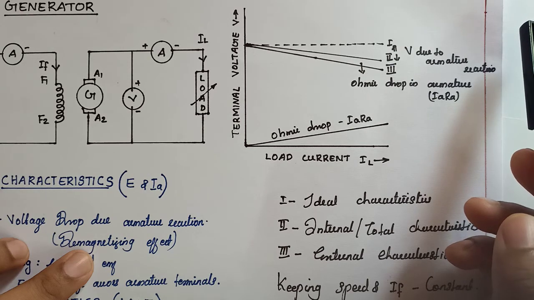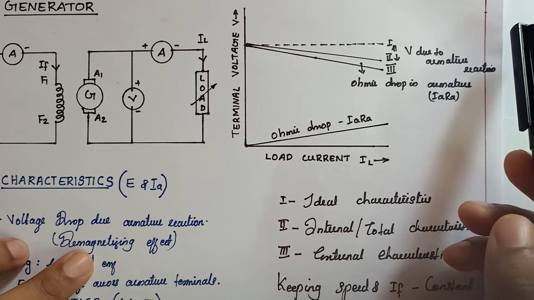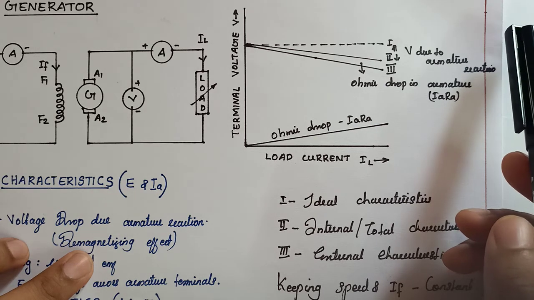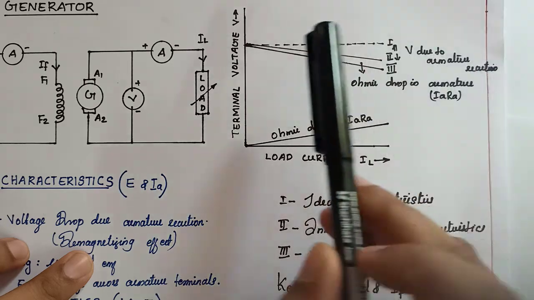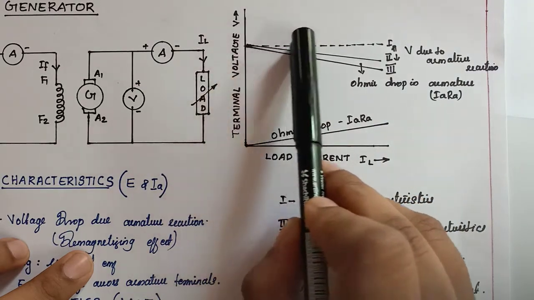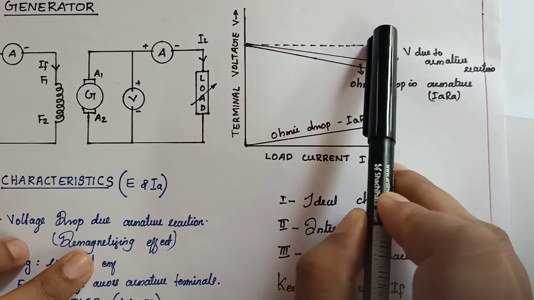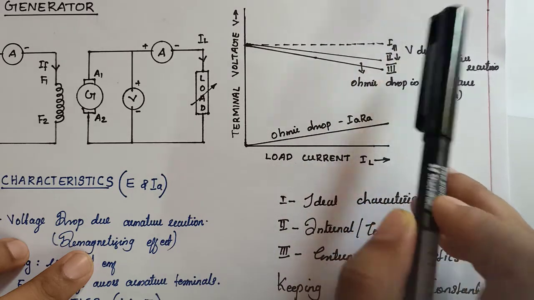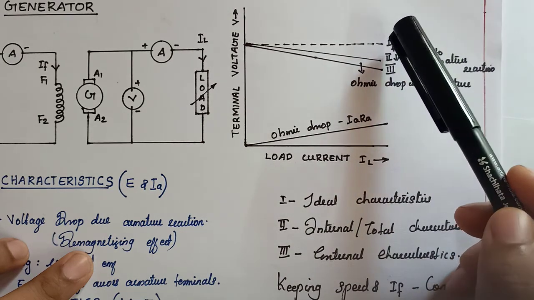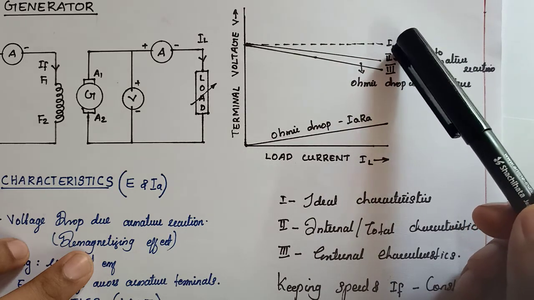Ideal characteristics means there is no voltage drop due to armature resistance and no voltage drop due to armature reaction, so we get the generated EMF at the terminal of the machine, because losses or drops are absent, and this will be constant from no load to full load. If we increase the load from no load to full load, the terminal voltage will be constant and equal to the generated EMF, that is EG. But it is not practical. Practically it is not possible, so it is only the ideal characteristics.